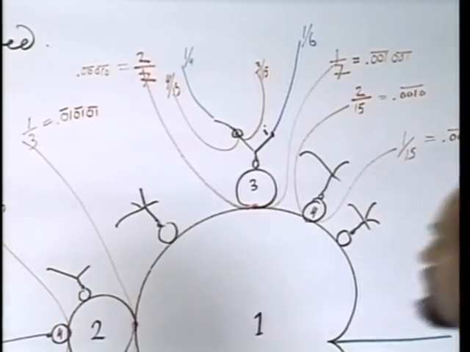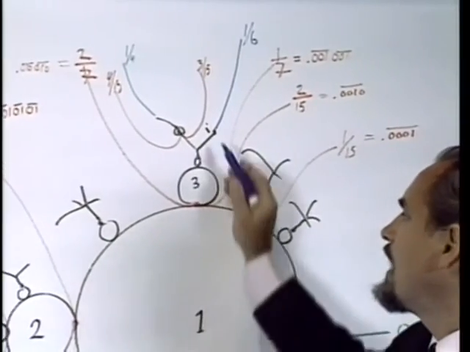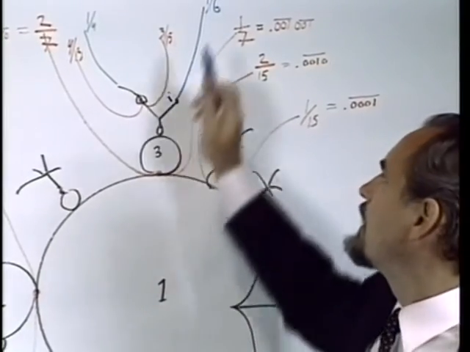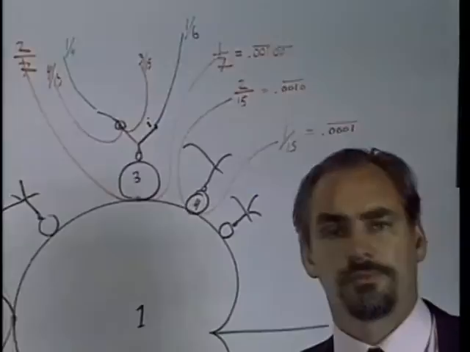And I now want to show you the relationship between the dynamics of the polynomial z squared plus I and the number 1/6 as written in base 2.